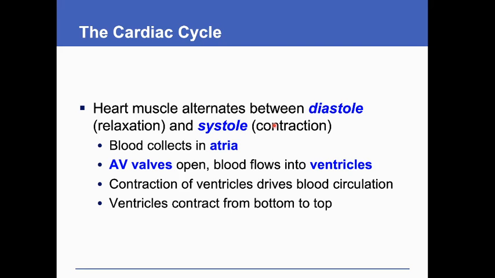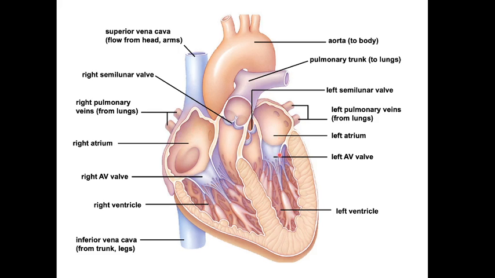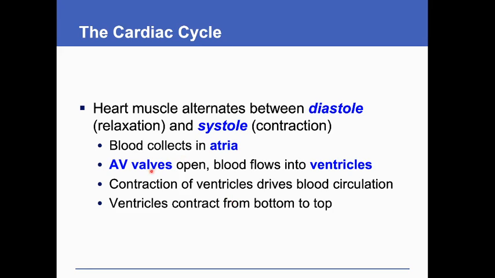So the blood is collecting in your atria, and the AV valves are open, and so the blood flows right down into the ventricles. 70% of the volume flows right down through this hole in the floor, and then the atria have to contract and squirt the last little bit of blood down into the ventricles.